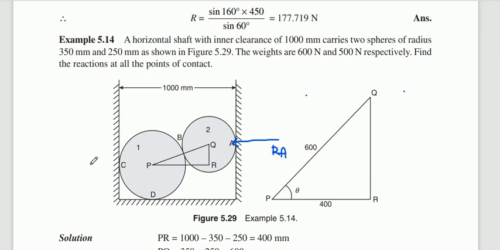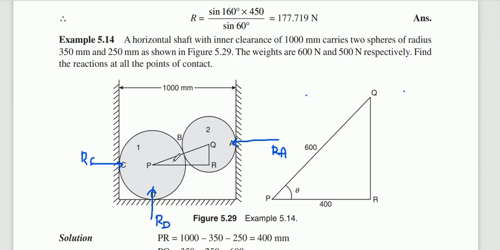Similarly, here is the contact area where the sphere has contact, and there you need to draw the reactions. This is RC, and again here RD.